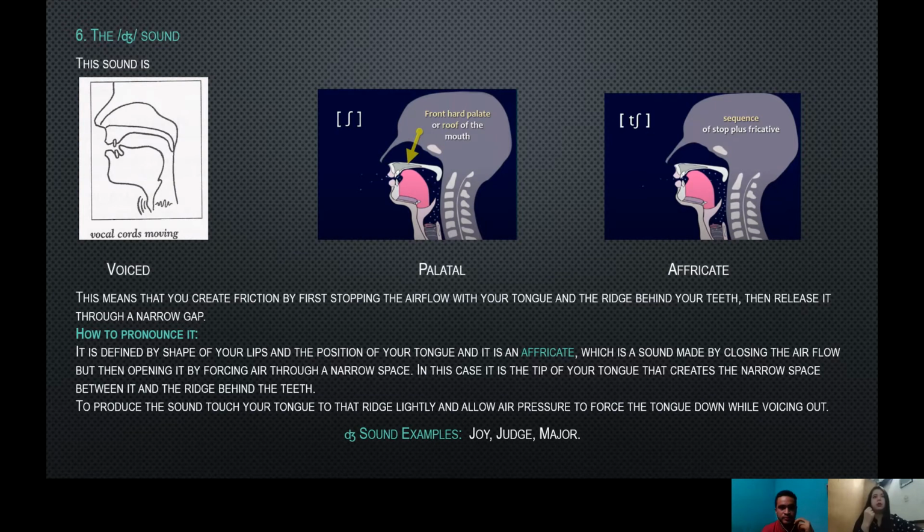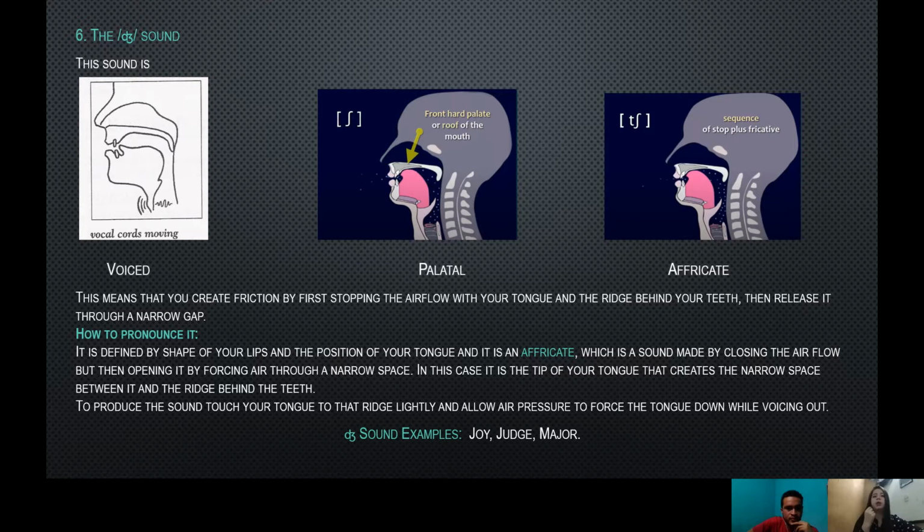The sound is voiced, affricate. This means that you create friction by first stopping the airflow with your tongue at the ridge behind your teeth, then releasing it through a narrow gap. How to pronounce it?